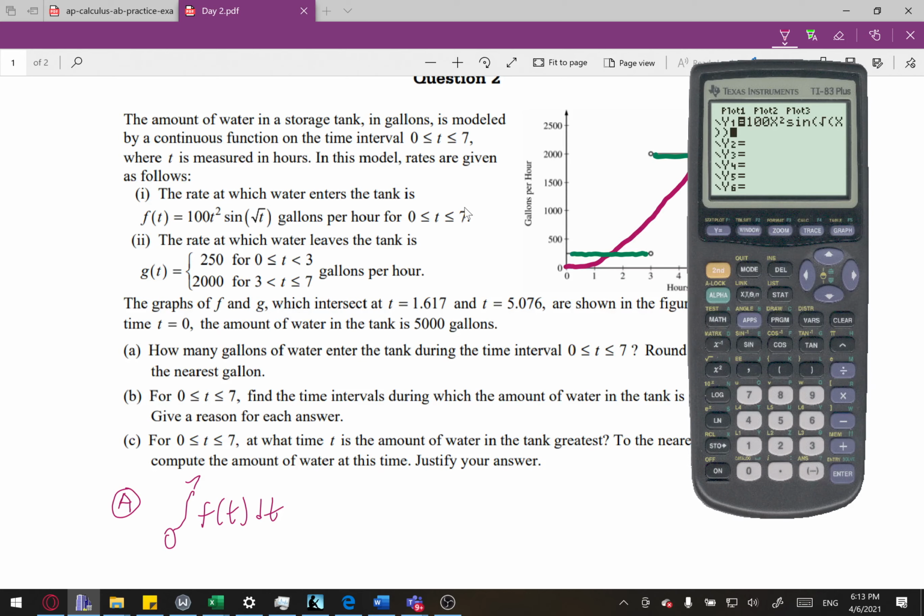Okay, and we're going to integrate that. So math 9, our function variables, y variables, function y1 in terms of x, from x equals 0 to x equals 7. Oh, I missed a comma. There we go. Okay, so this is 8,264 gallons since they asked us to round to the nearest gallon.